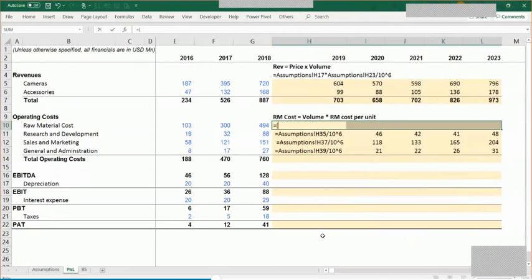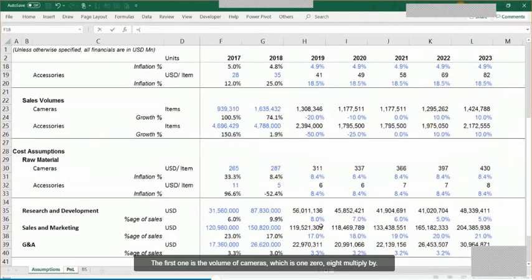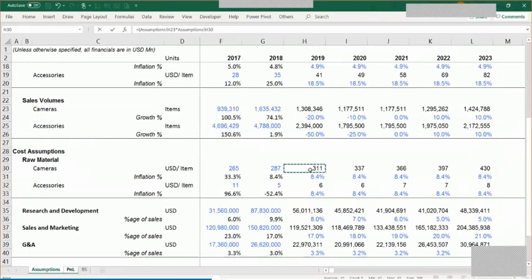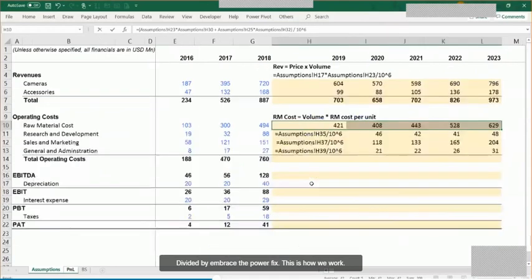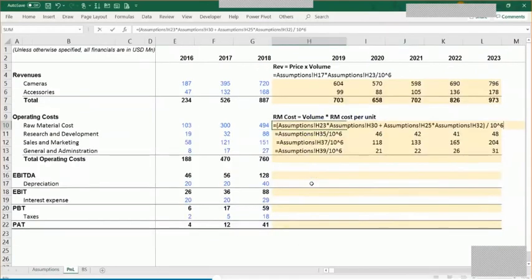The first one is the volume of cameras, which is 1308, multiplied by raw material cost per camera, plus number of accessories, multiplied by cost per accessory, divided by 10 raised to the power 6. So this is how we work out the raw material cost.